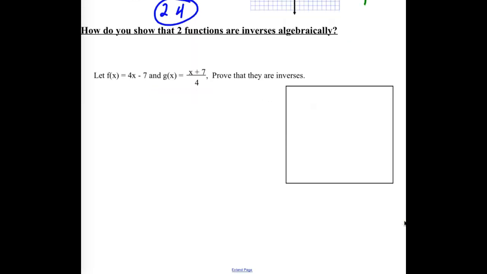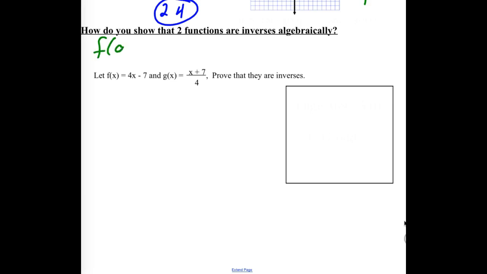All right, the last topic today is to actually algebraically prove that two functions are inverses of each other. Graphically, we could look at tables, we could look at our ordered pairs, and do they just reverse our x and y's? But this is asking you to algebraically prove it. To do that, you have to do two compositions.